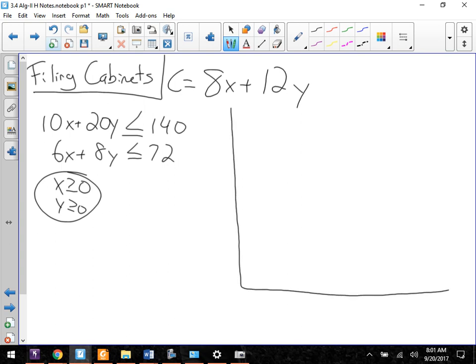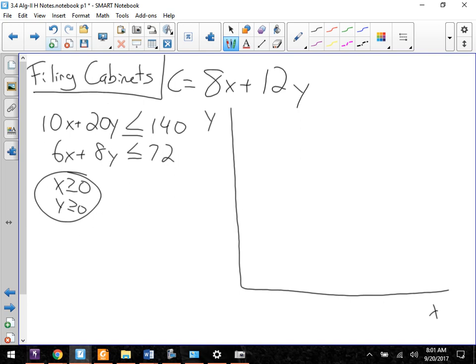Gee, what am I going to call my x and y? X and y. That's kind of nice. Did any of you simplify these equations prior to getting your intercepts? You did? You put it at 1x plus 2y is, what would that be, 14?